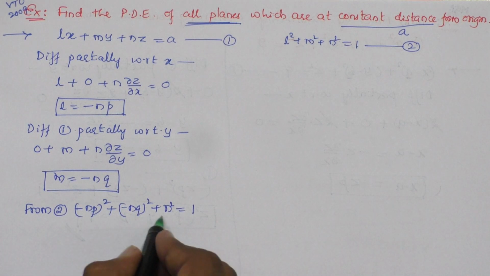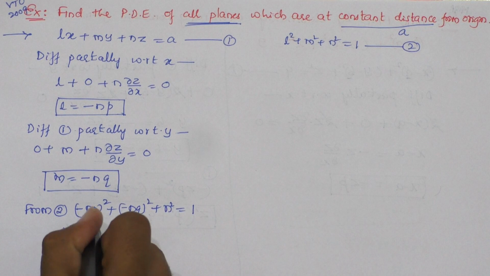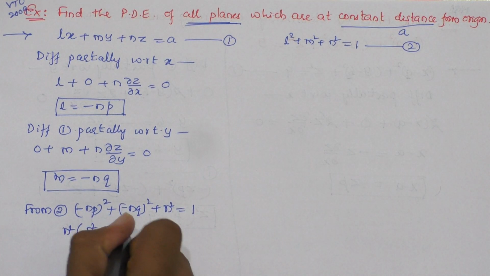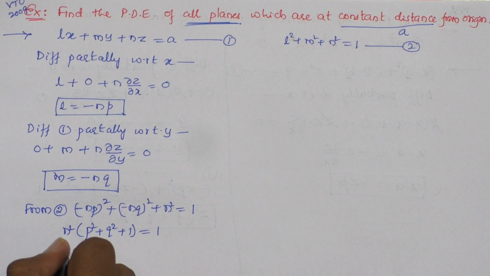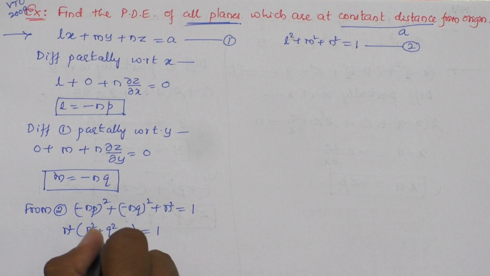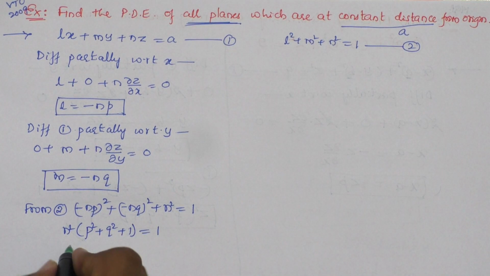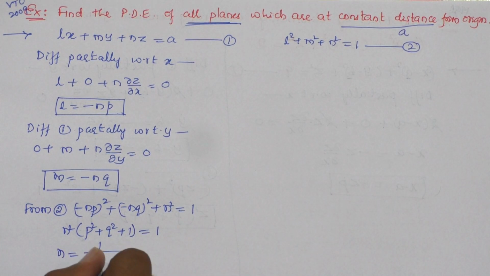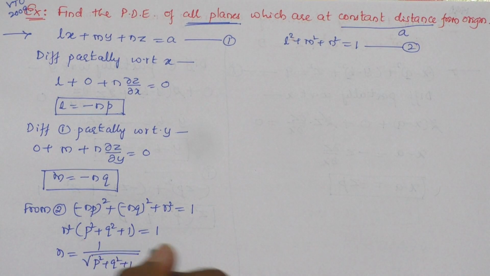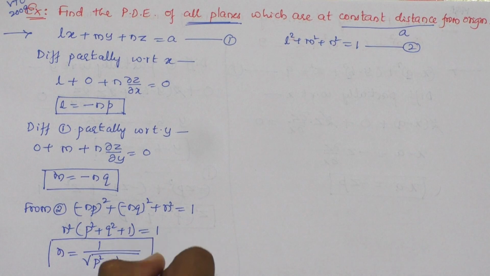Throughout, n square is common. Taking n square common, we get p square plus q square plus 1 equal to 1. Transferring that side, n square is 1 by p square plus q square plus 1. So n will be 1 by square root of p square plus q square plus 1.